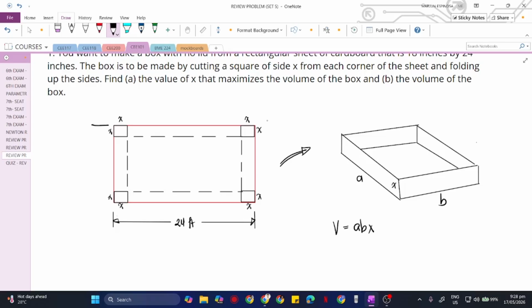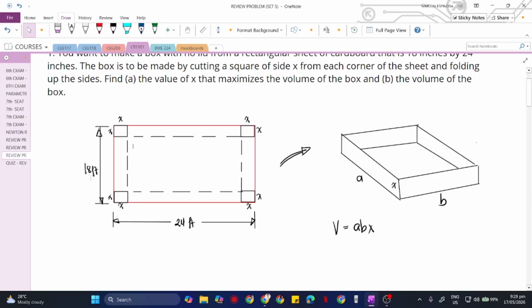And from this corner right here to this corner right here, let us just say this is 18 inches.